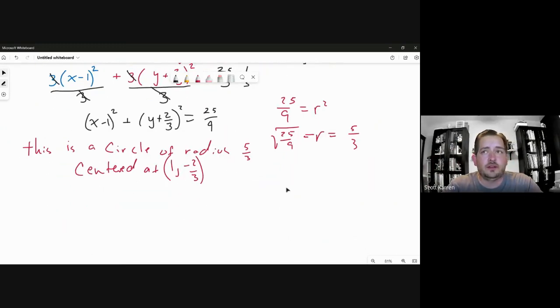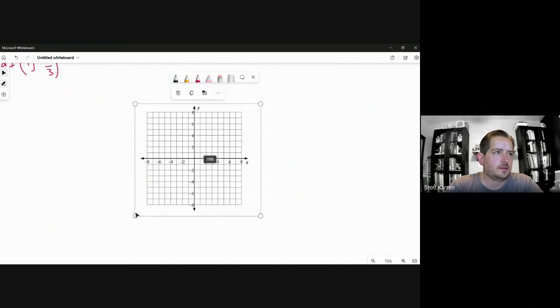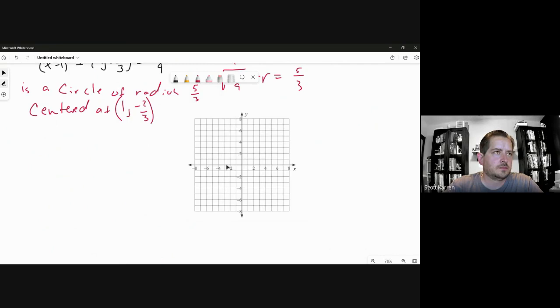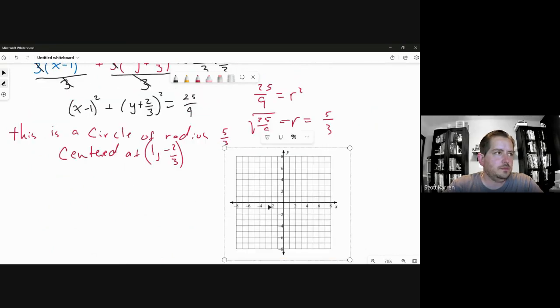And if I wanted to, I could draw this. My center is at 1 and negative 2/3, so like right there-ish, right?